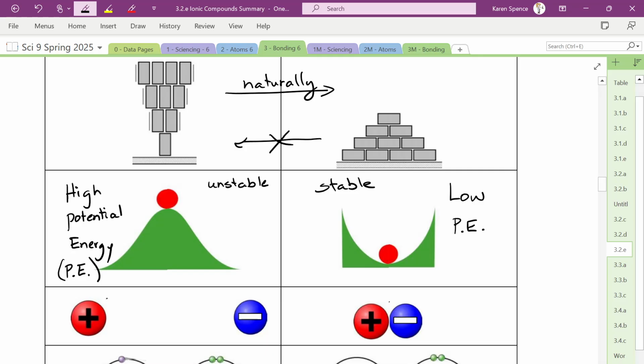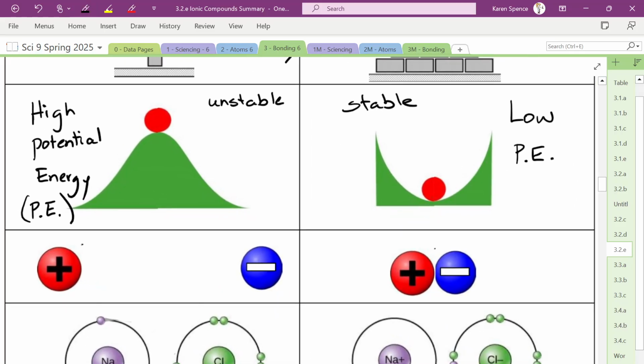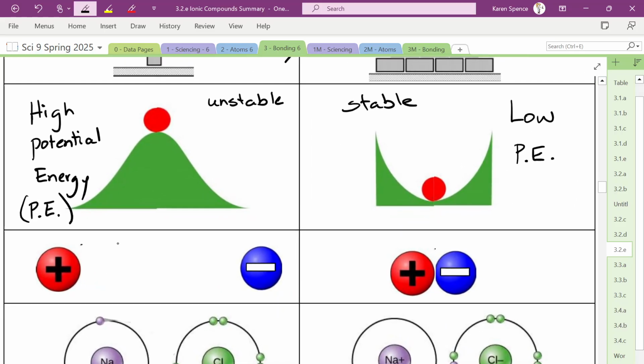When the ions are apart from one another, if we have a positive and a negative and they're apart, this is a high potential energy. Unstable. This is when they're right together, that is low potential energy, and that is stable.